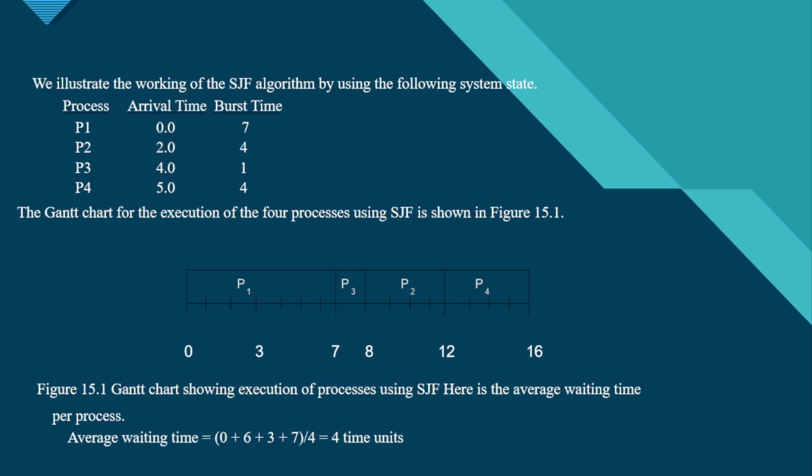Now, we have to select the shortest burst time. The shortest burst time is 1, of P3. So the CPU would be allocated to P3. So 7 plus the burst time of P3, which is 1, so 7 plus 1 is equal to 8.